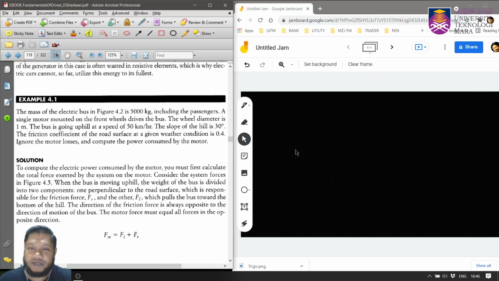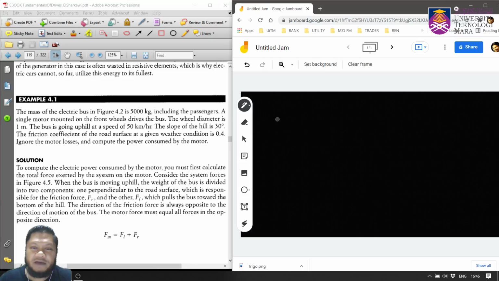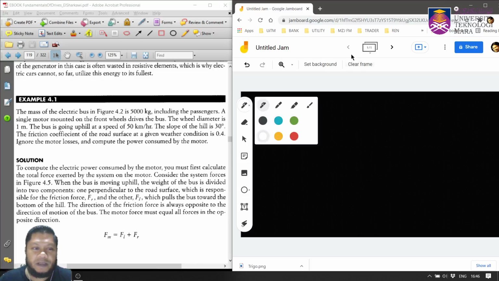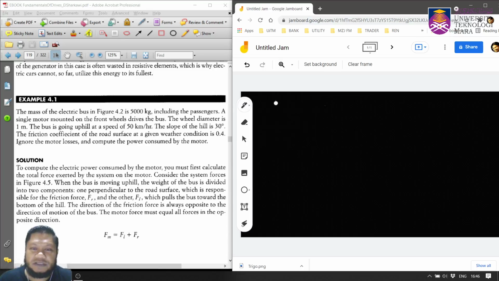Probably I can also write here. First we have the mass, 5,000 kilograms. And the wheel diameter is 1 meter, so converting that into radius, the radius is about 0.5 meter.